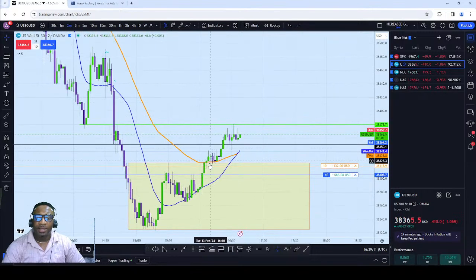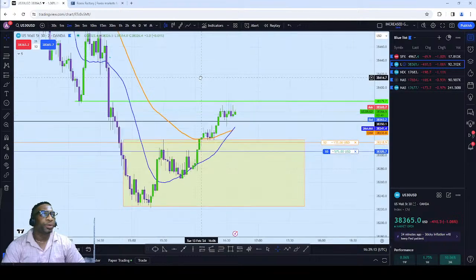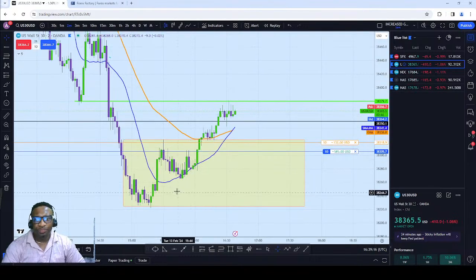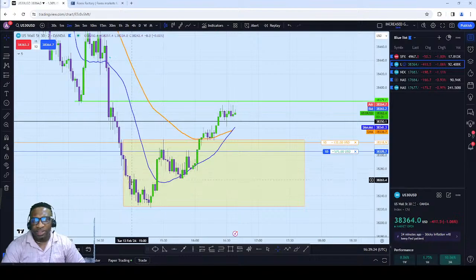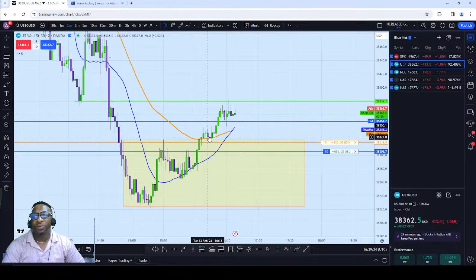So guys, exactly as that video I made on YouTube about picking bottoms in the markets, this is the exact perfect picture of it. Price got to this level, pushed up above the moving average, and got held up by the moving average, and then from there the rest you can all see.